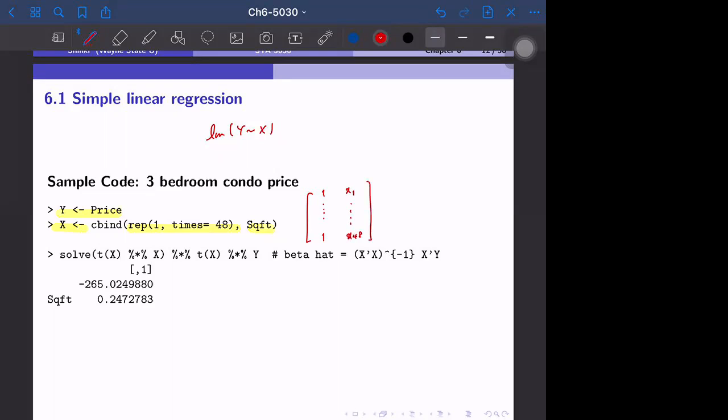Then x transpose is t of x in R, inverse is solve, so we compute solve of t(x) times x, times t(x) times y. This gives beta hat. The first element is a hat and the second element is b hat. This is exactly the same result as the output of the lm function.